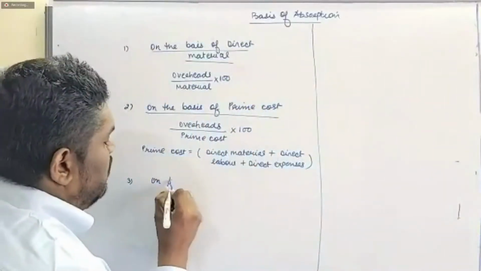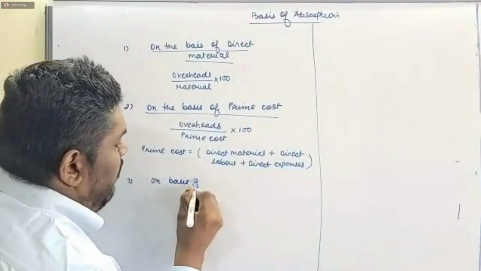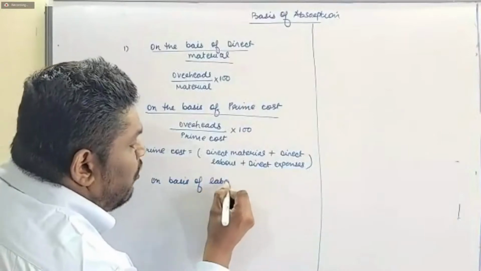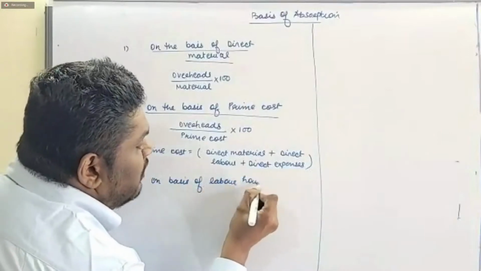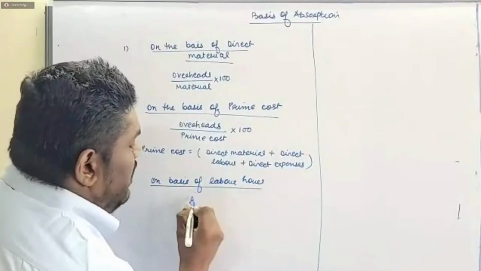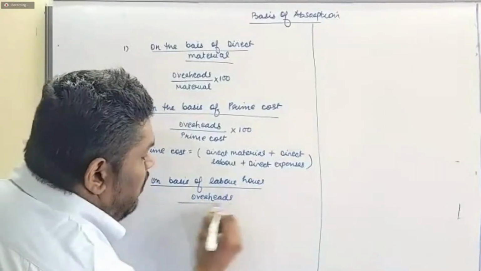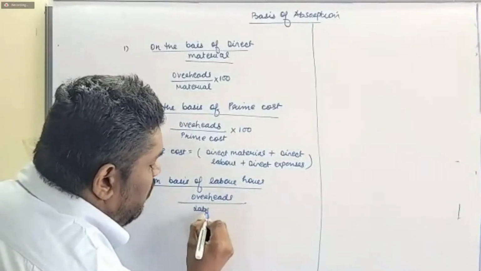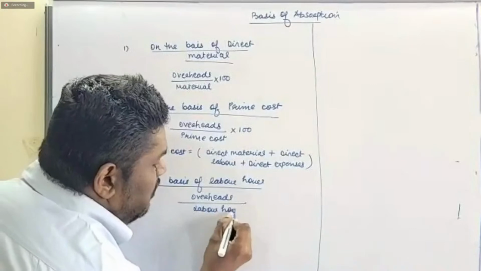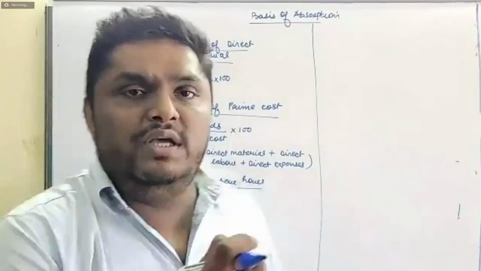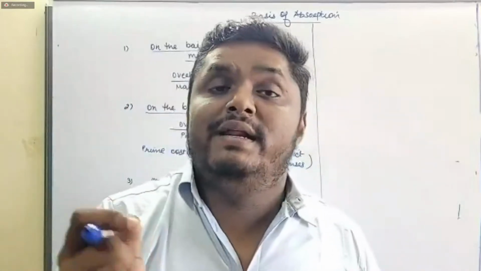So on the basis of labor hours, again overheads divided by labor hours. So no percentage calculation here. Here we'll be getting the rate per hour.